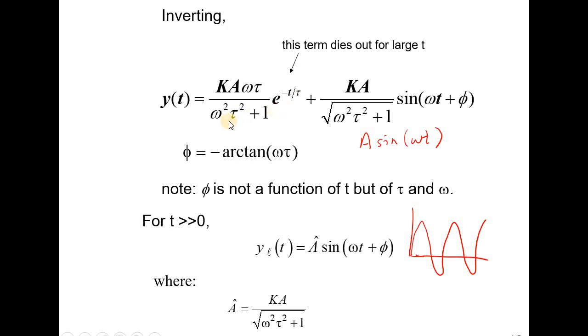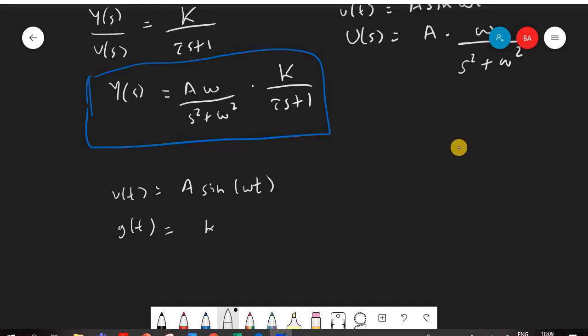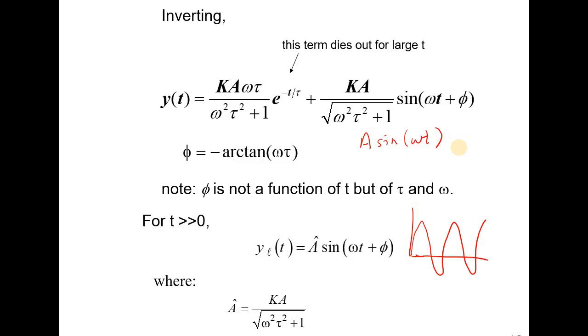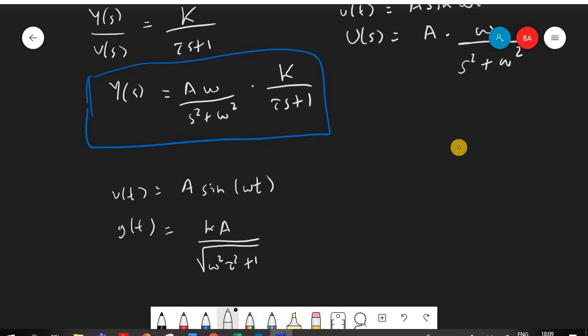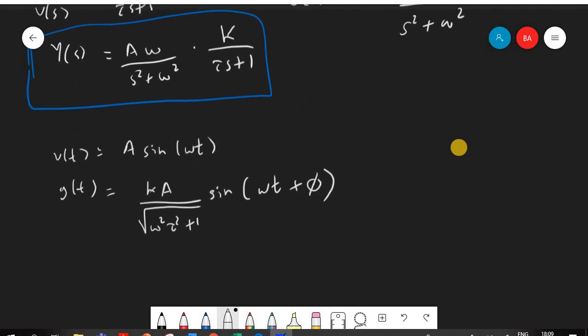Of course, I'm going to take large t, so I'm going to drop out this term and use this term only, which is Ka over the square root of omega squared tau squared plus 1, multiplied by sine of omega t plus phi. So what do we have here?